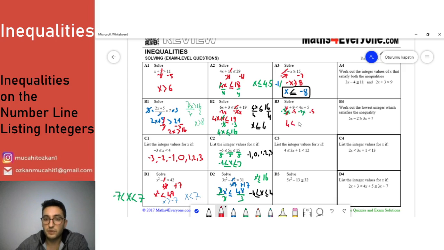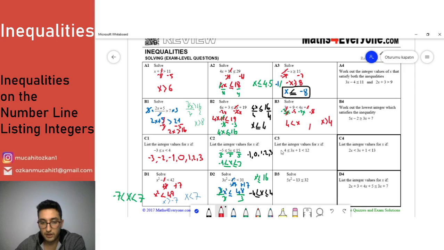And 4x minus 3x is just x. And 5 and 5, they eliminate each other. So x is greater than 4 is the final answer. Or if you want to change it, you can say x is greater than 4 in this form. In the first one, it says 4 is less than x. X is greater than 4. They are both the same. I just flipped it.